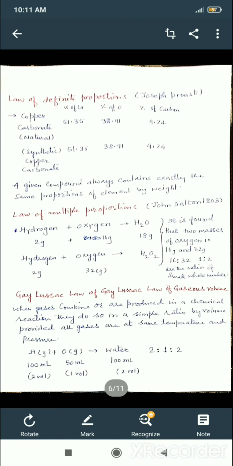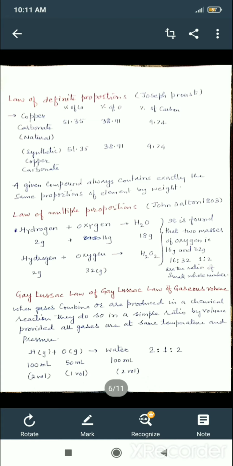So in the law of definite proportion, you have to remember two things: the name Joseph Proust, don't forget it, and two nice examples, copper carbonate which is naturally found and copper carbonate which is synthetically prepared, both having the same percentage of copper, oxygen and carbon.